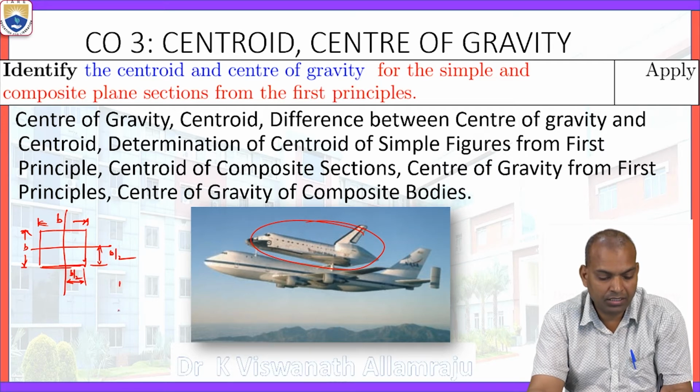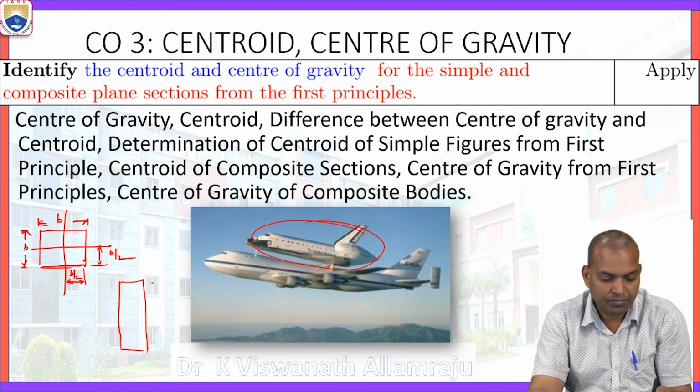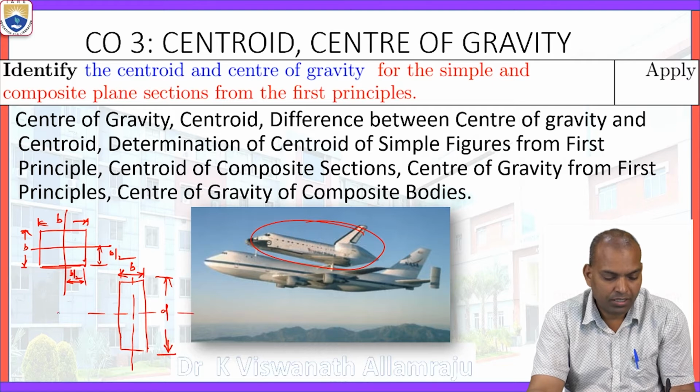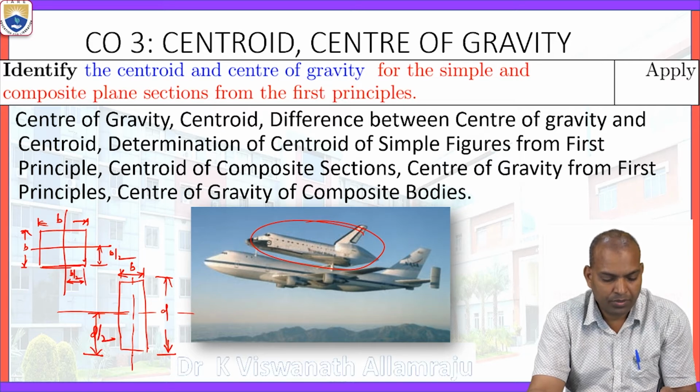For a rectangular section, suppose the depth is D and the width is B. What is the position of the centroid? It is D by 2 from the top and D by 2 from the bottom.